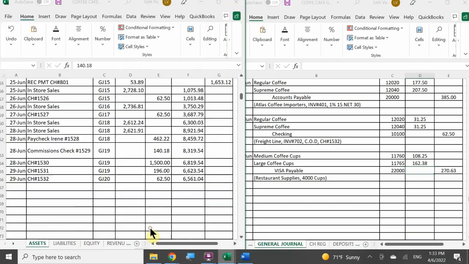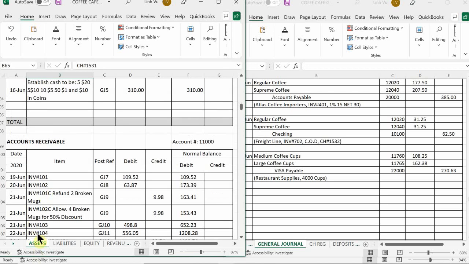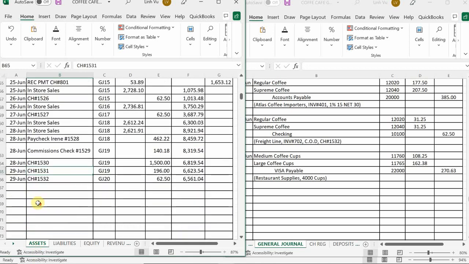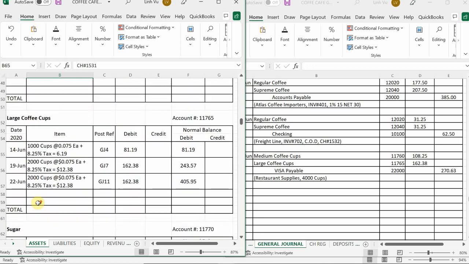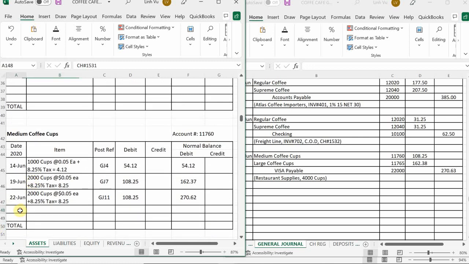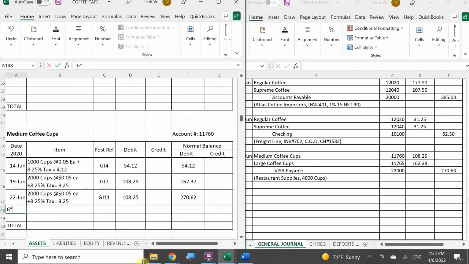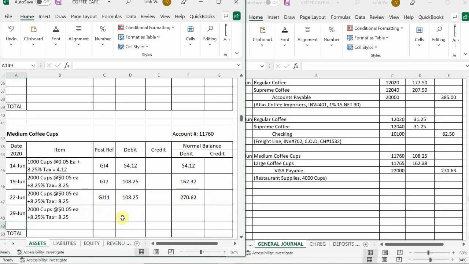So, starting with medium coffee cups. Okay, here we are. Medium coffee cups, right? Today is the 29th. You purchased another 2,000 cups with 8.25% tax.